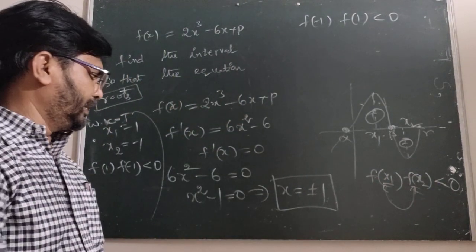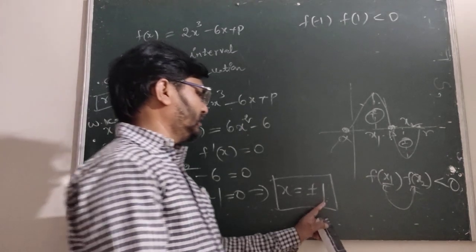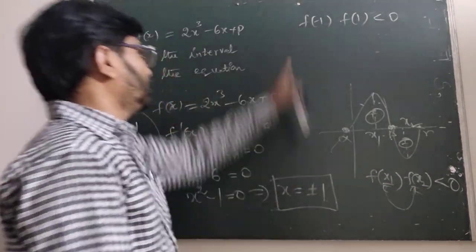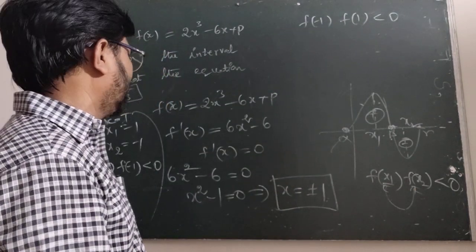Plus into minus. Therefore x1 is -1, x2 is 1, so f(-1)·f(1) is less than 0.